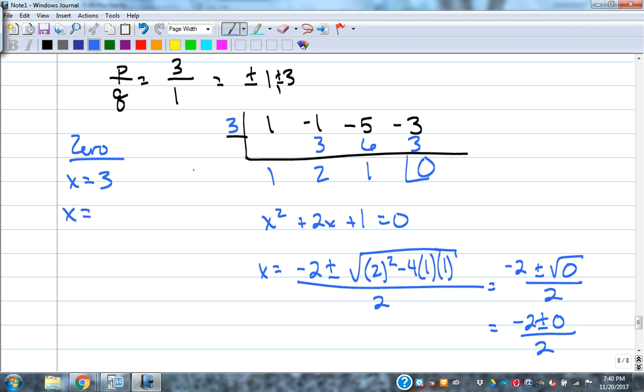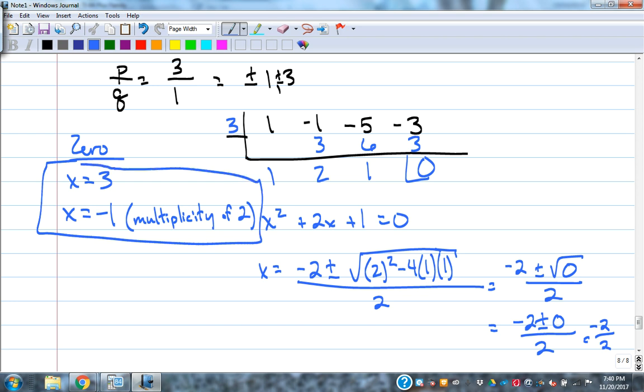And then we got negative 2 over 2. What's negative 2 divided by 2? It's negative 1. In parentheses, beside that negative 1, you write multiplicity of 2. What that means is it counts twice.